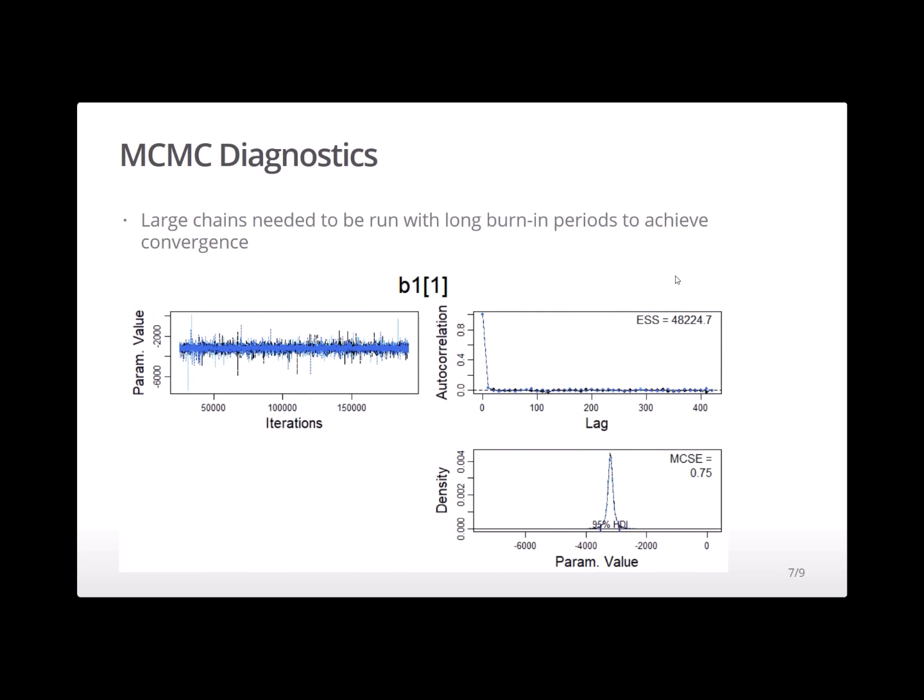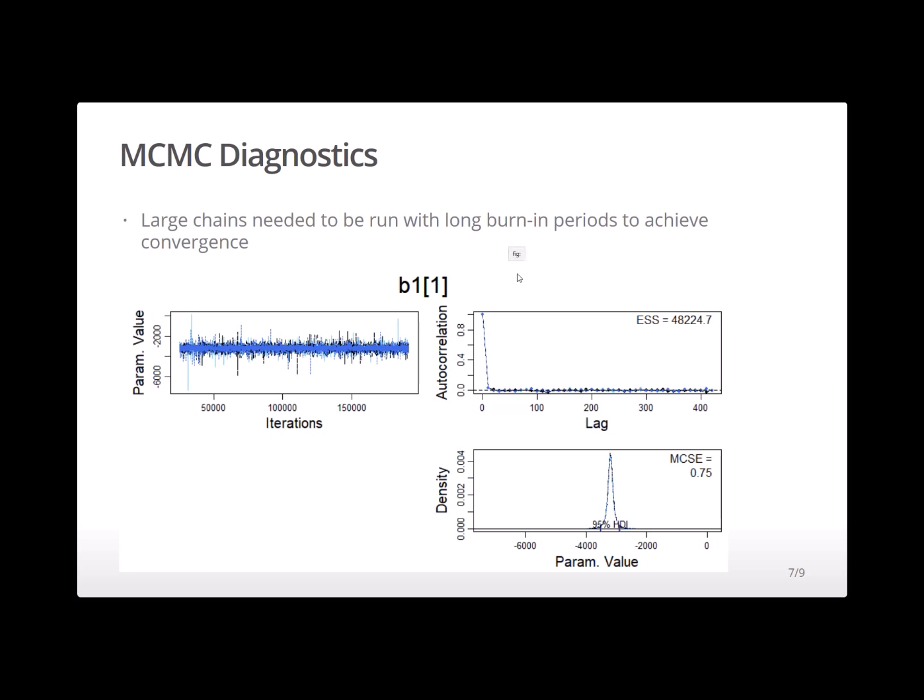The chains that I had to run for this simulation had to be really quite long, with large burn-in periods and a large amount of thinning to achieve convergence. Unfortunately, these did take quite a while, but we got there in the end, and they ended up being somewhat accurate as well, which is good.